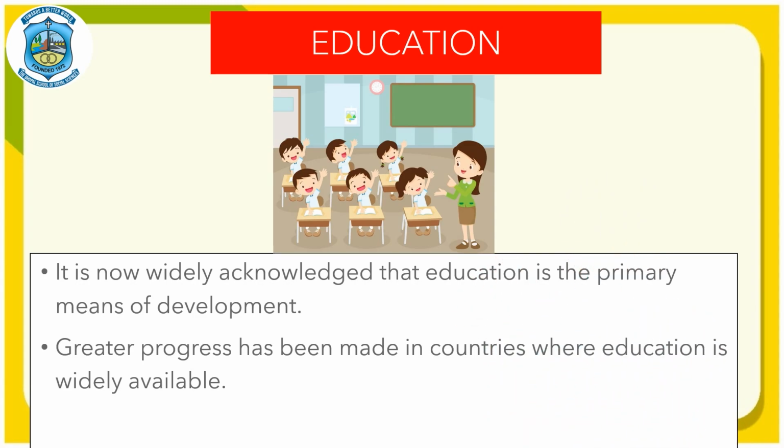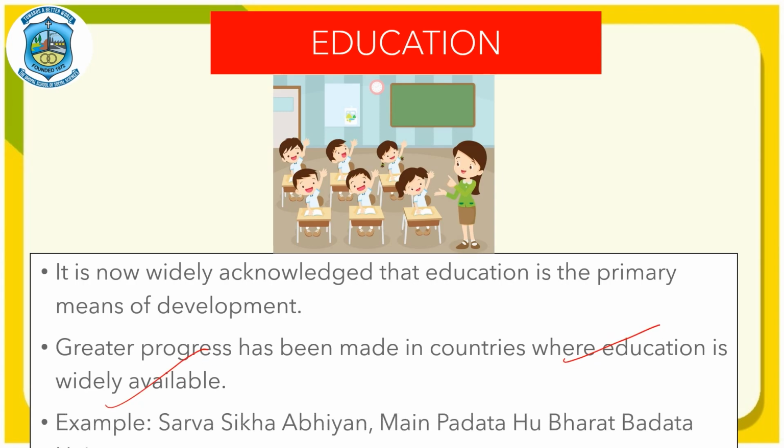Greater progress has been made in countries where education is widely available, like Germany and European countries, for example. In India, we are providing Sarva Shiksha Abhiyan, free and compulsory education for all, and 'Main Padhta Hoon, Bharat Padhta Hai' in the Delhi government.